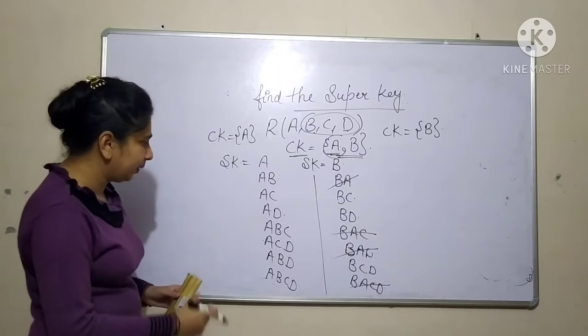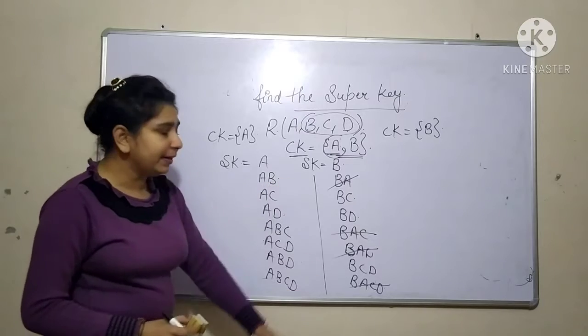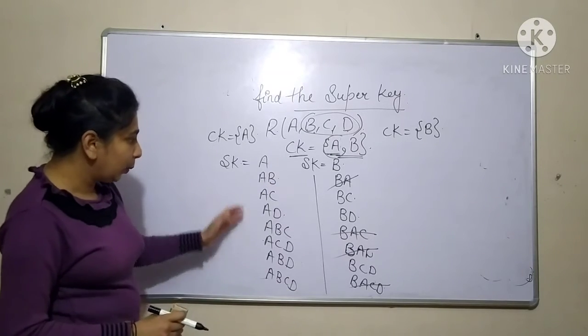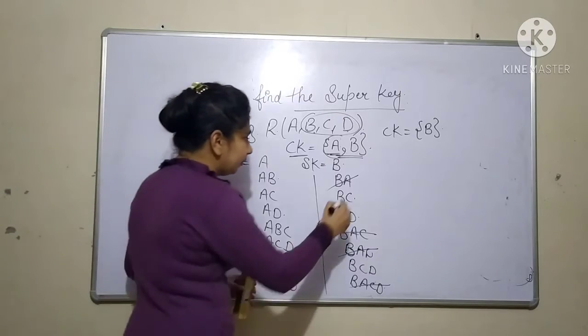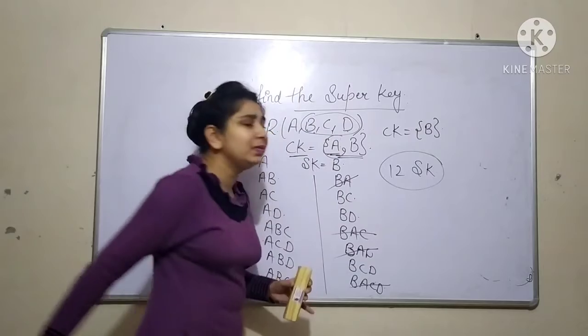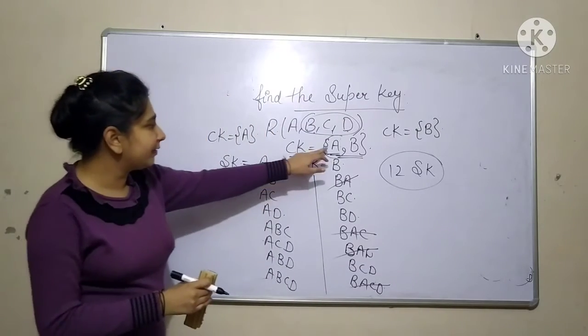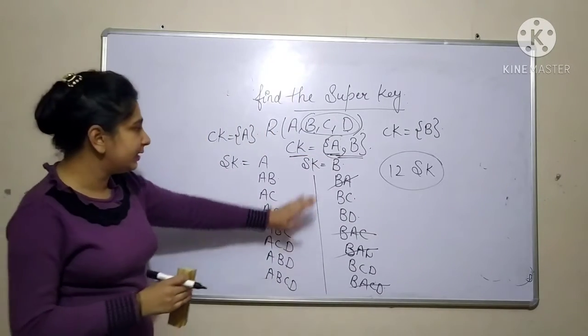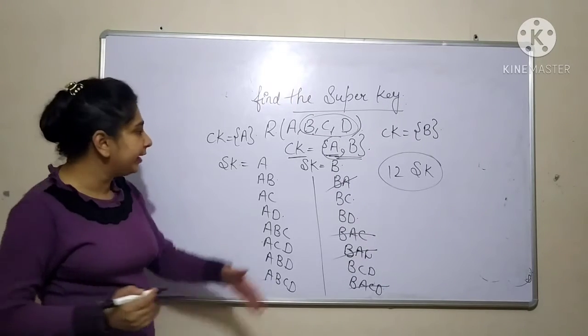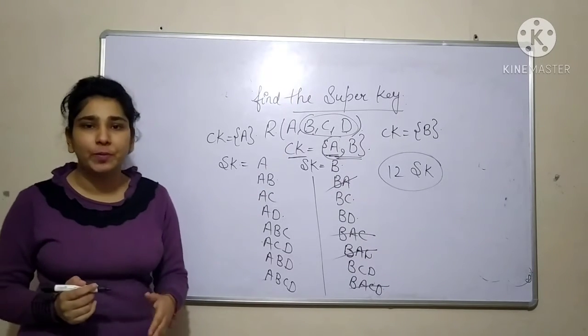So how many total super keys are there? We have a total of 12 super keys possible in this case, if we are given two candidate keys. What is the shortcut way to find the total number of super keys?